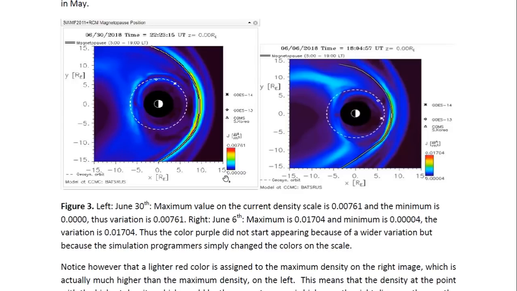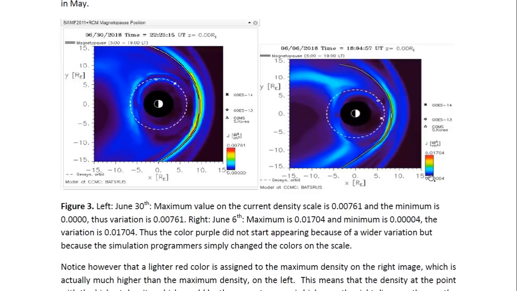So you see it ends in 0. So this is absolute 0. And here we have a number that ends in 4. So we have a higher minimum density in this image than in that image, but the same color is assigned to that minimum value. Okay, that's not too much of a problem.